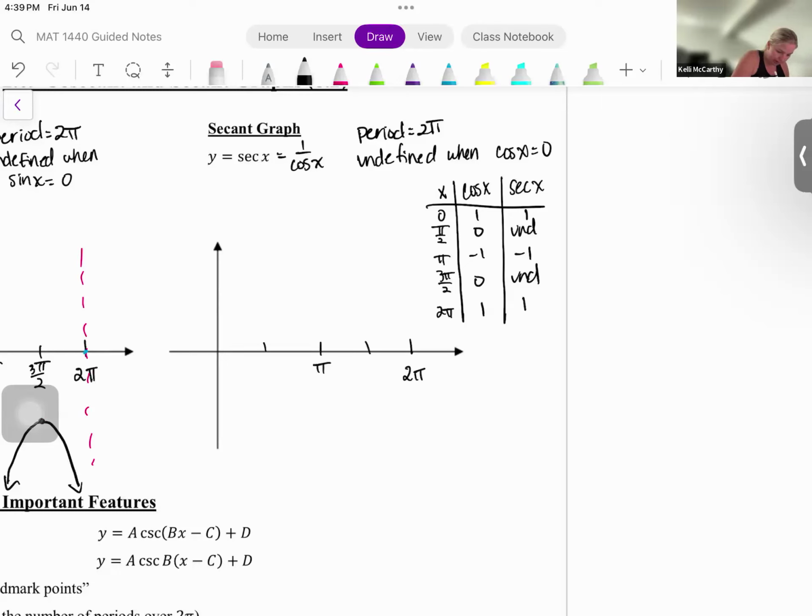Here's pi, pi over 2, 3 pi over 2. We're going to graph our asymptotes at pi over 2 and 3 pi over 2. And I am going to show one more asymptote down here at negative pi over 2, just so I can show the continuation of this graph a little bit. We don't get it cut off.